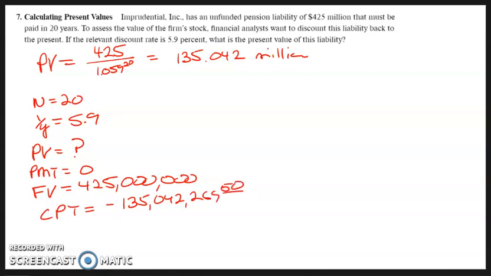If you just use the 425 and leave out the zeros, you'd get the 1.35042. And then if you were going to enter that answer on an exam, you would multiply it by 1,000,000 to add the zeros back.